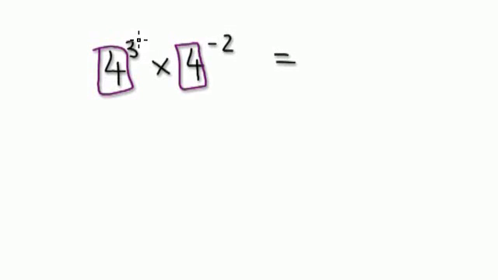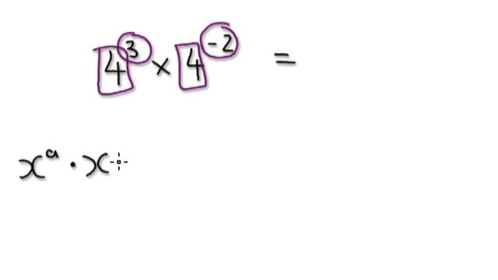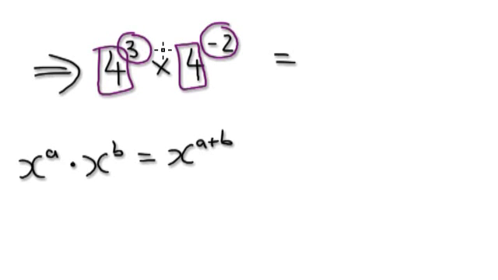Okay, now that also works even if you have a minus index. So, for example, let's say 4 to the power of 3 times, let's say, 4 to the power of minus 2. Okay, so this here, because the two 4s are the same, now all you have to do is add these two together. Remember, x to the power of a times x to the power of b equals x to the power of a plus b. Because the two 4s are the same, this will be 4.